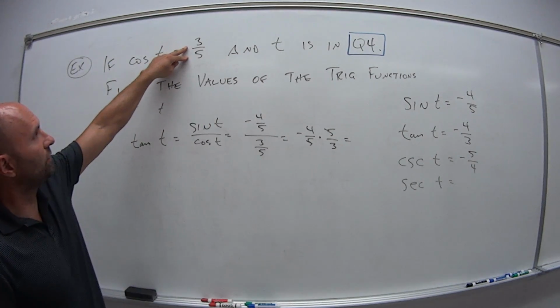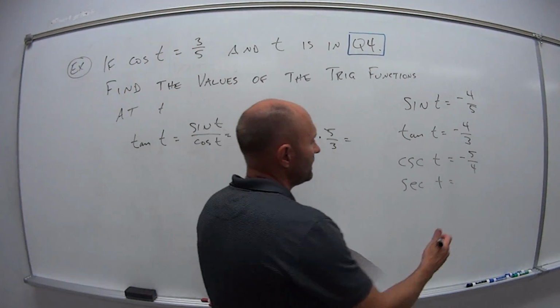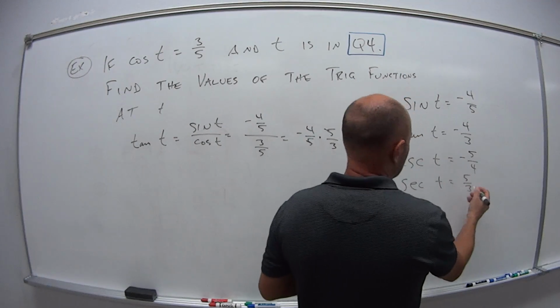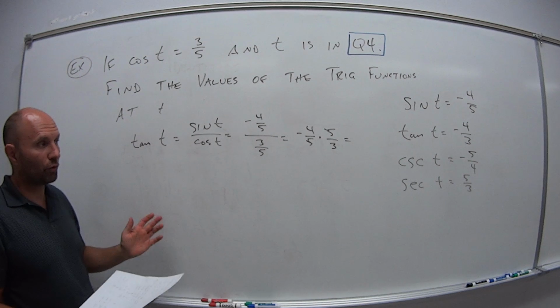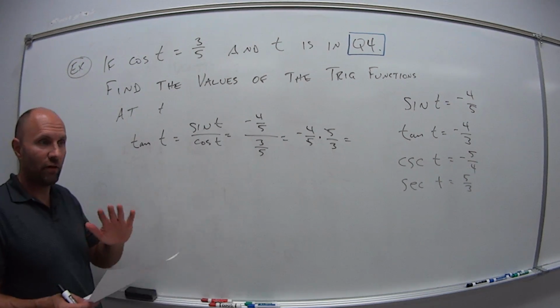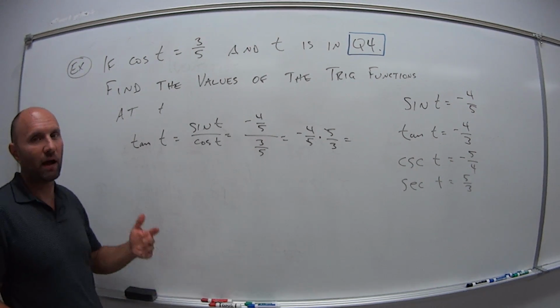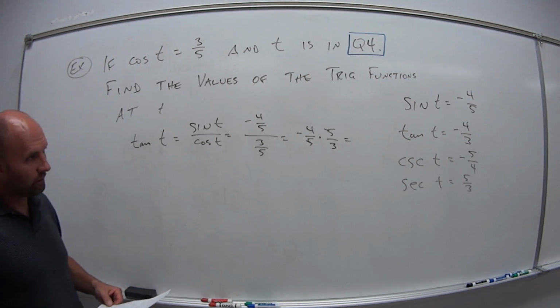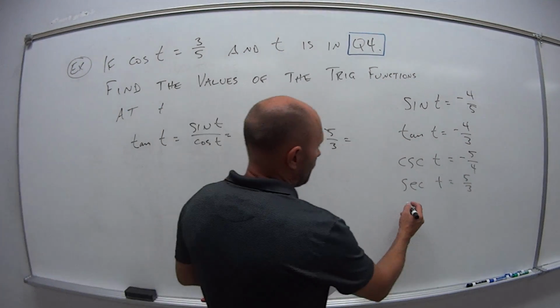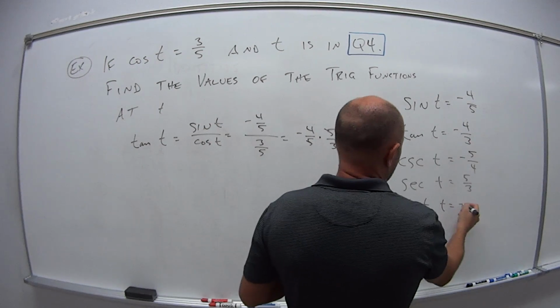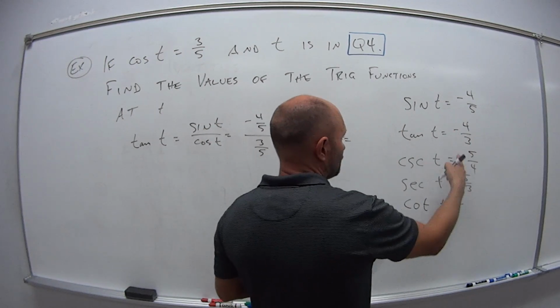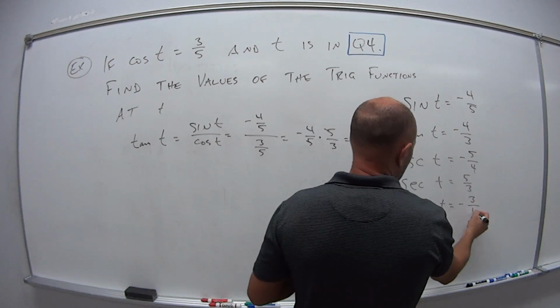So if cosine is 3/5, secant would be 5/3. Again, with the reciprocal properties, we just switch the numerators and denominators. Don't switch signs. If it has a negative, leave it as a negative. If it has a positive, leave it as a positive. And then lastly, cotangent of t is minus, because we have minus in the tangent, and then 3/4.